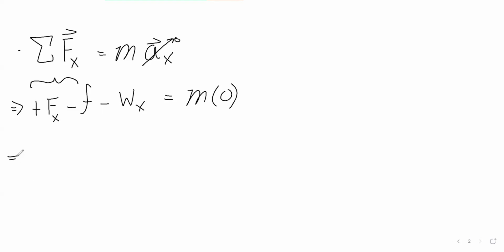So now I replace each quantity. I know friction has a set in stone formula. It's always mu k times N. And on an inclined plane, we know that W itself equals mg.